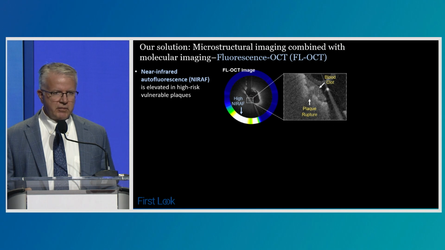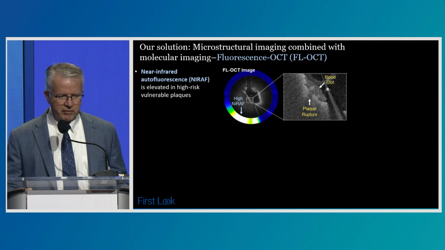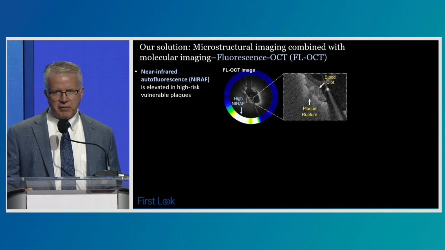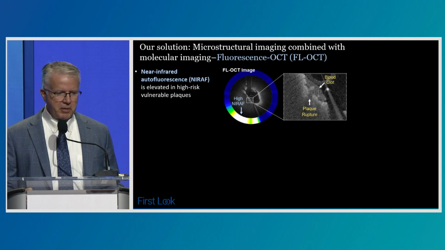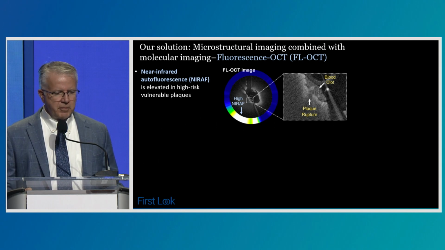We've used this to first look at near-infrared autofluorescence that's elevated in the highest risk vulnerable plaques. And this autofluorescence signature comes from intraplaque hemorrhage and oxidative stress, both mechanisms that cause plaques to progress to an event faster. And you can see in this image that where the plaque is ruptured and a clot has formed, there's a very high near-IR signal.